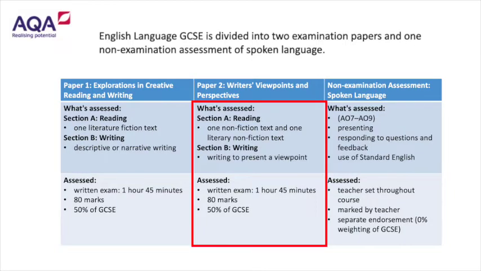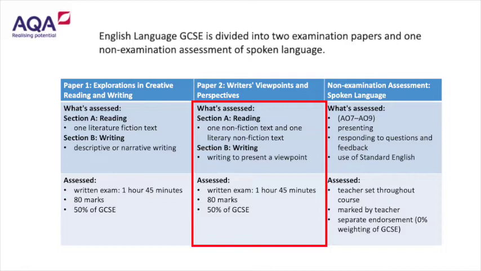The second paper, paper 2, will focus on writers' viewpoints and perspectives. Once again, like paper 1, this paper is split into 2 sections. Section A will focus on your reading skills, whilst Section B will focus on your writing. However, this time you will be required to focus on 2 texts. 1 is non-fiction, 1 is fiction.